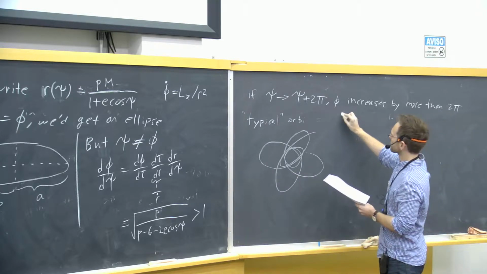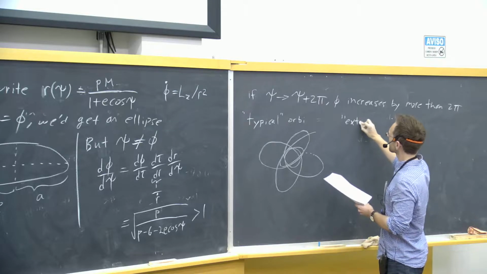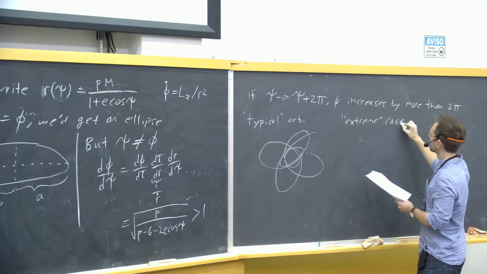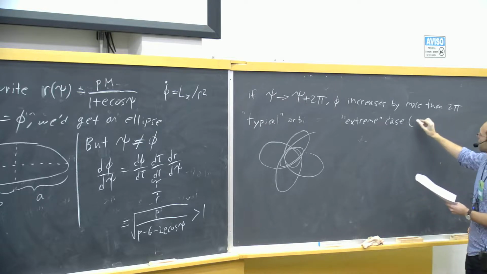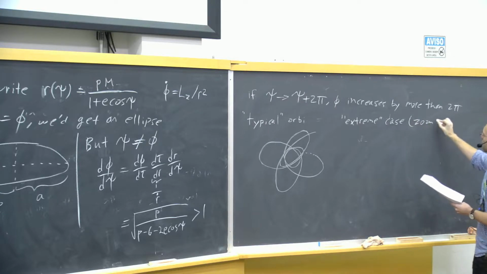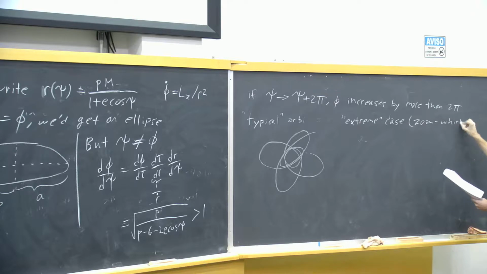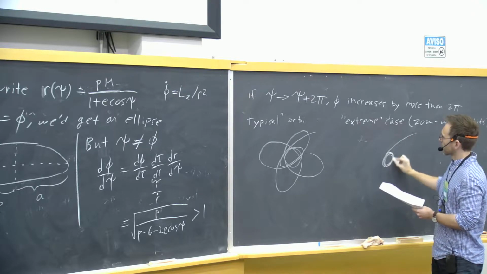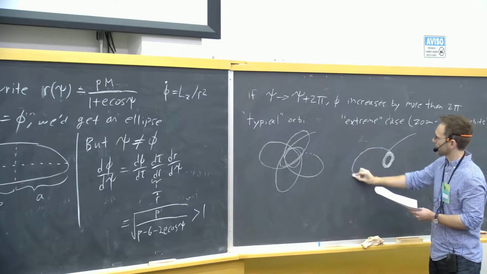Or we can have an extreme case, which are called zoom whirl orbits. So in that case, we come in and we zoom and whirl and whirl and whirl. We come back out sometime.